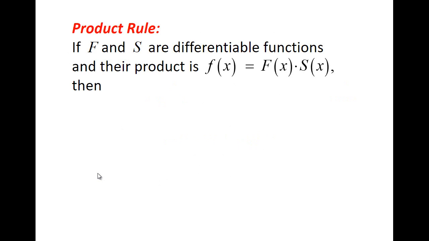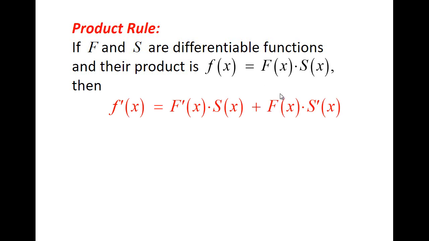So here's the product rule. Suppose that capital F and capital S are differentiable functions, and lowercase f of x is the product of capital F and capital S. Then what's the derivative of this product? Well, the derivative of this product function is equal to f prime of x times s of x plus f of x times s prime of x.